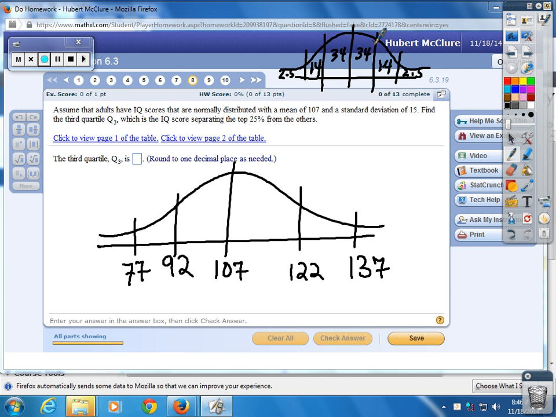So 84 is right here at a z-score of 1. So here is our 84%. So 75% would be somewhere in here.